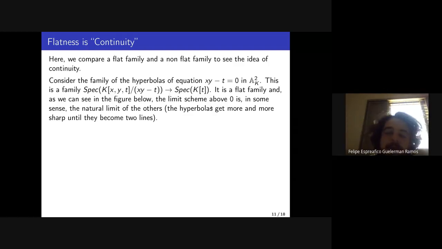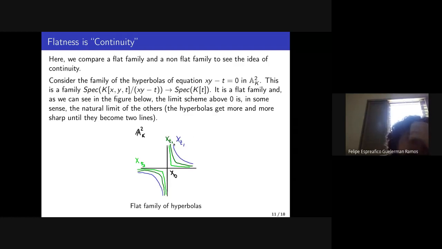And the important thing is that if we see the picture of all these hyperbolas here, they are getting sharper and sharper as t gets close to 0. When t is 0, we get the equation xy equals 0, which is just this pair of lines.